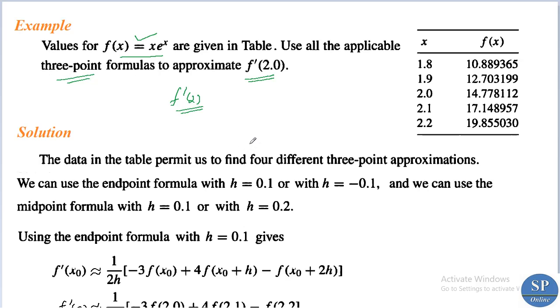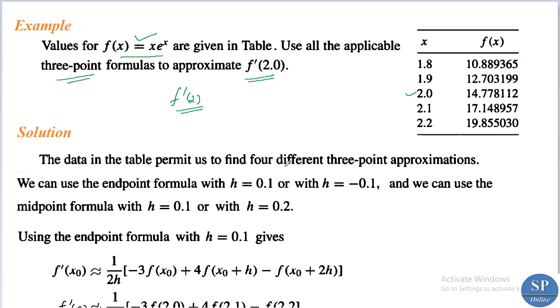We already discussed two types of 3-point formulas. First one is the 3-point endpoint formula and the other is the 3-point midpoint formula. So here the x values are 1.8, 1.9, 2, 2.1 and 2.2. Here we need to approximate the value of f dash at this point 2, right?